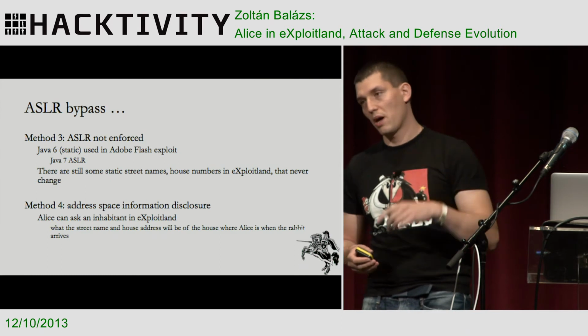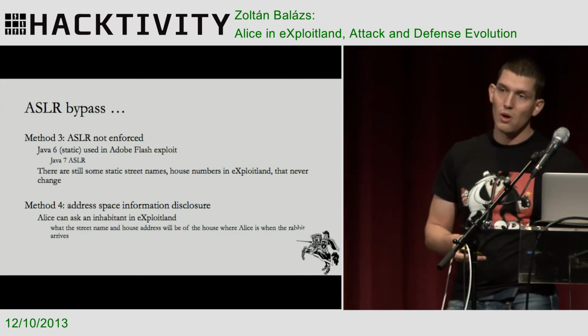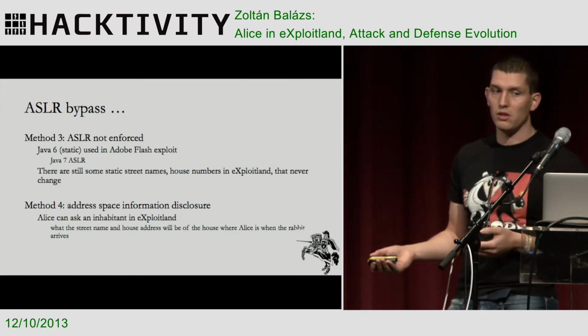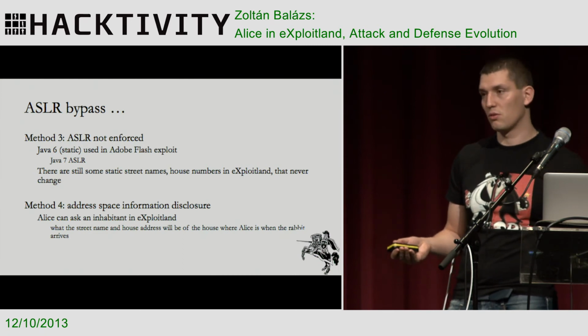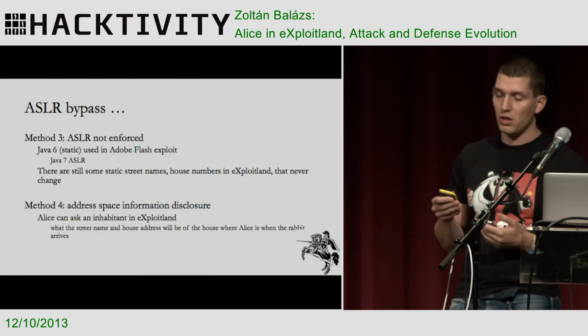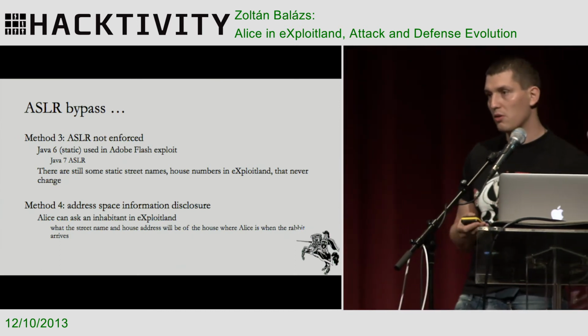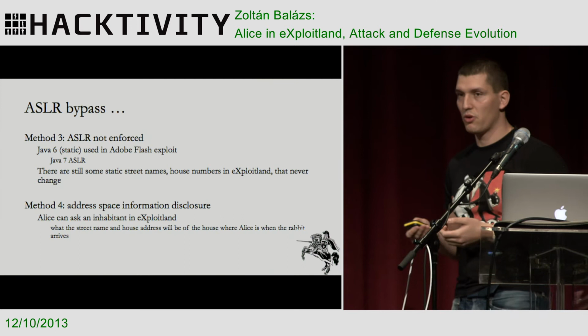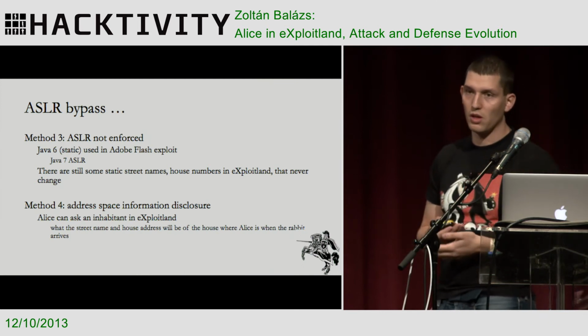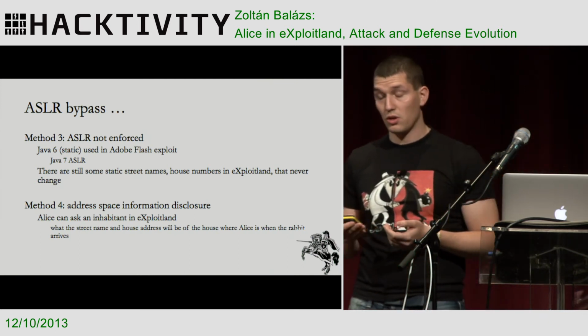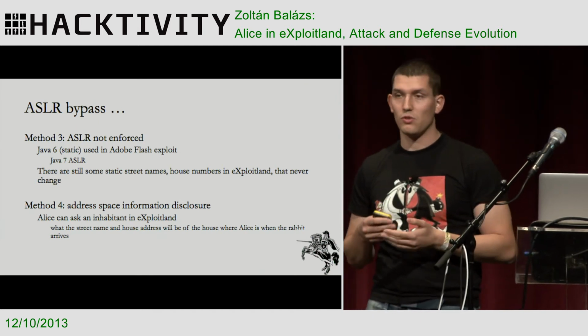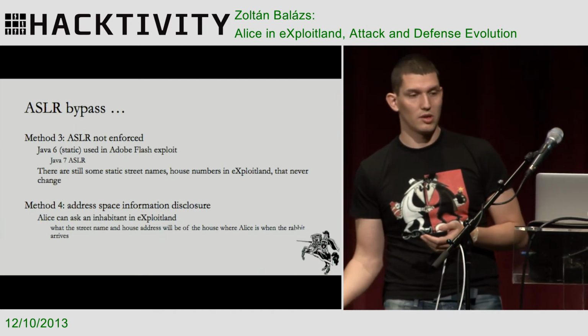But to bypass this ASLR protection, we also need another vulnerability, the so-called address space information disclosure, where we can query the operating system: okay, you are randomized, but please give me the address where I can find these modules. And these are usually vulnerabilities which are fixed by the operating system as well.